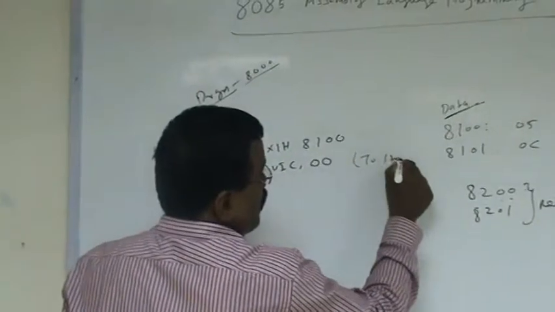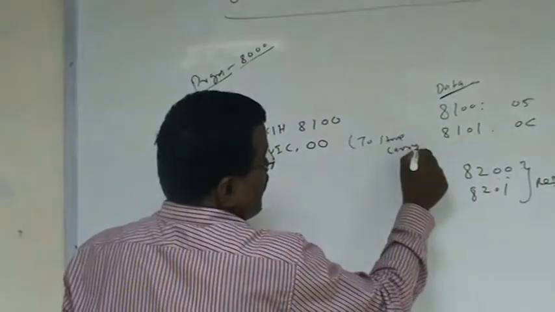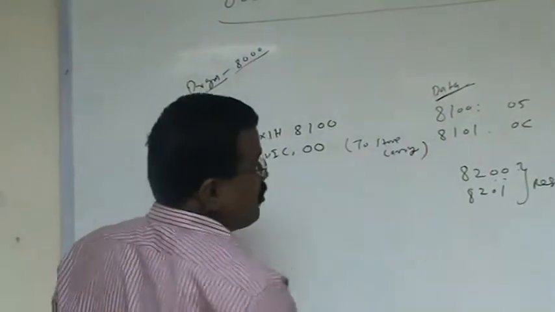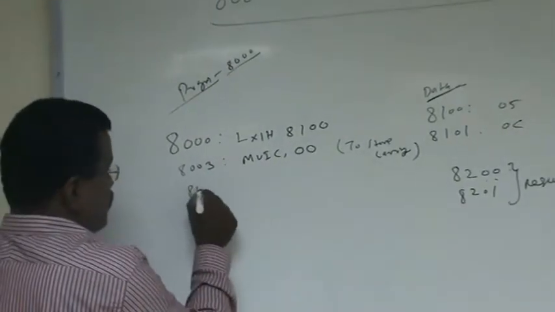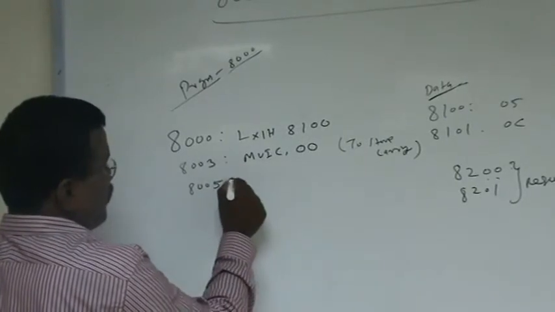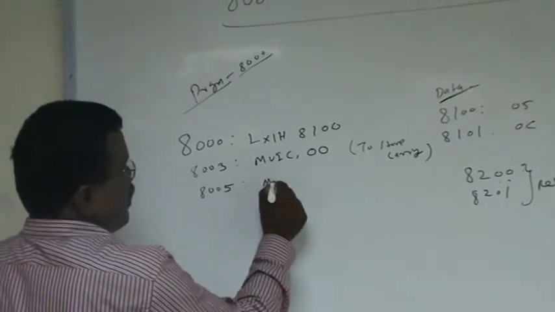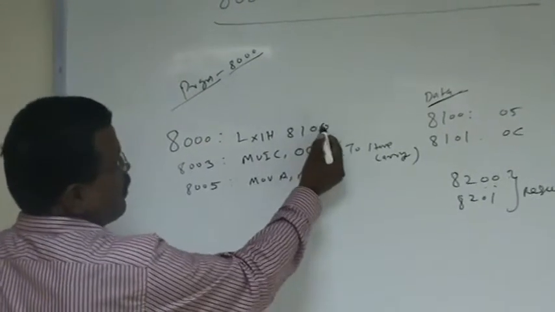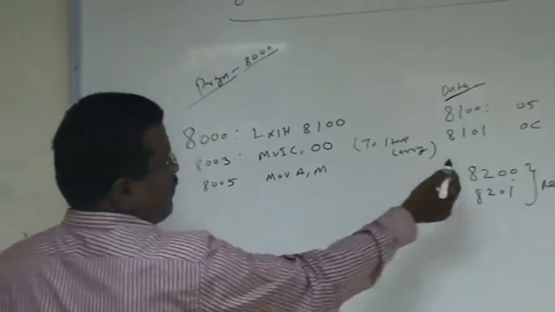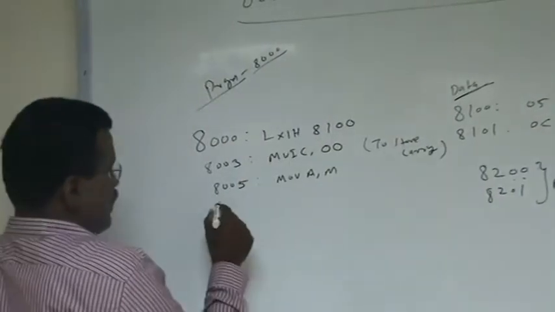To store carry. If the result exceeds more than 8 bit, then we may get a 16-bit result that should be stored. Now at 8005, I can move the first data, move M to A. M is pointing 8100, the first data is moved into accumulator.